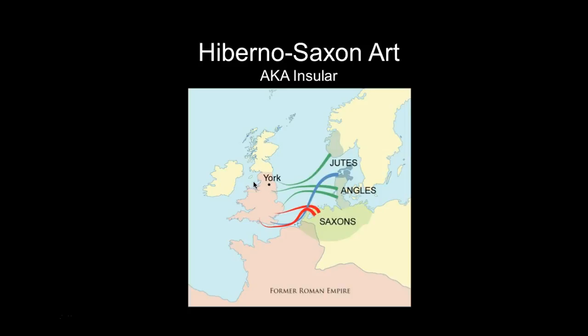Instead, artists will favor flat representation of people, animals, and objects that look only nominally like their real life counterpart. This approach to the visual arts will dominate until the imperial rule of Charlemagne and the accompanying Carolingian Renaissance.